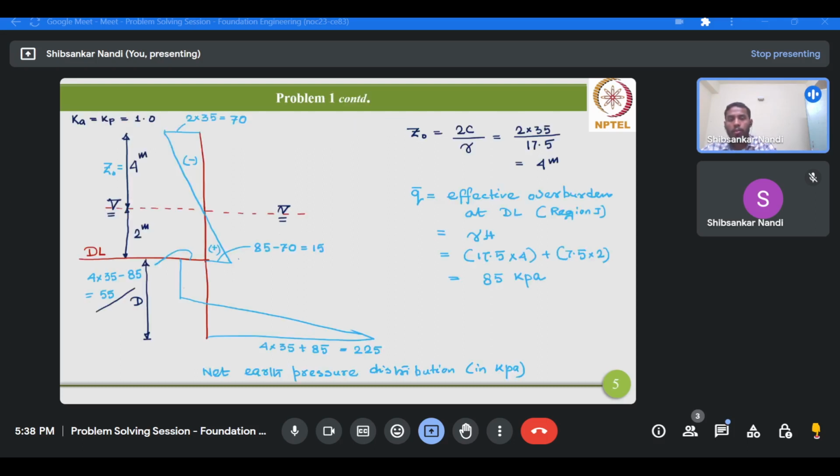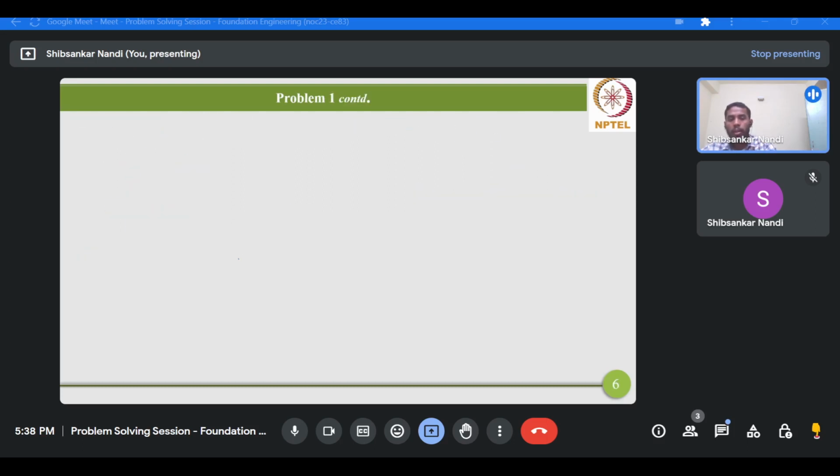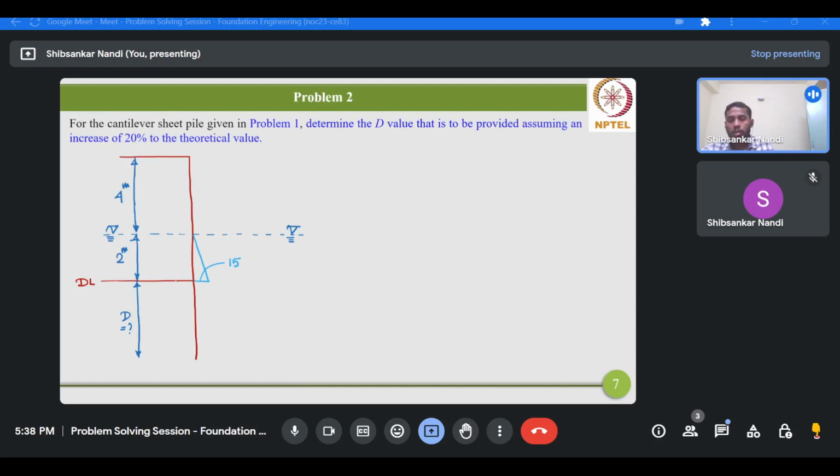These values we are adopting from the previously determined net earth pressure distribution. So this is 15, and on this side it is 55.